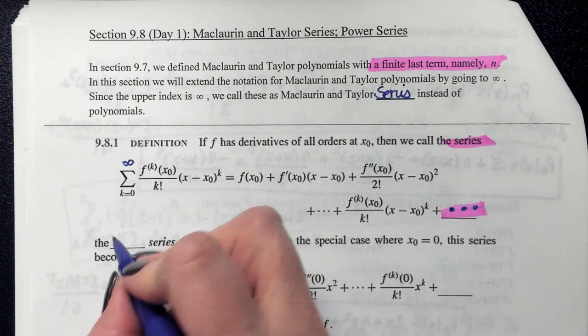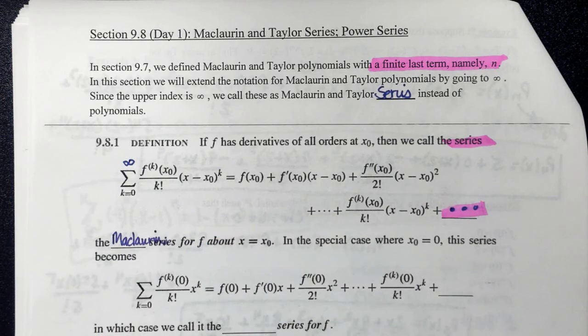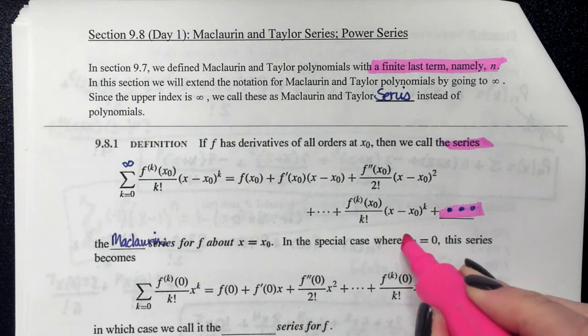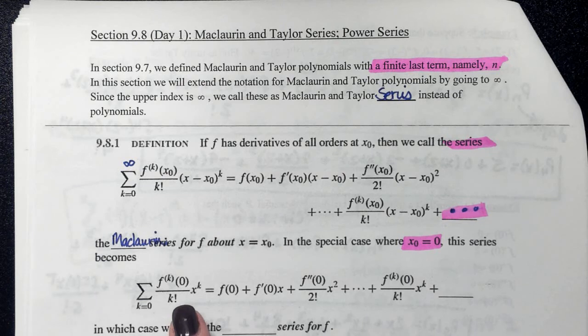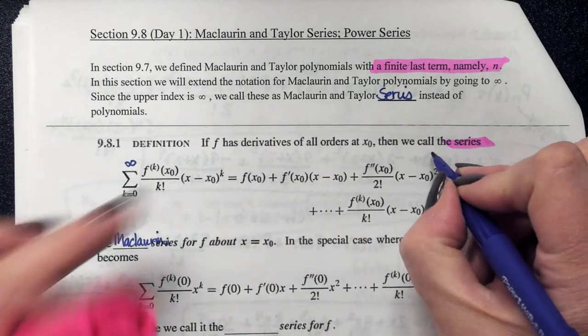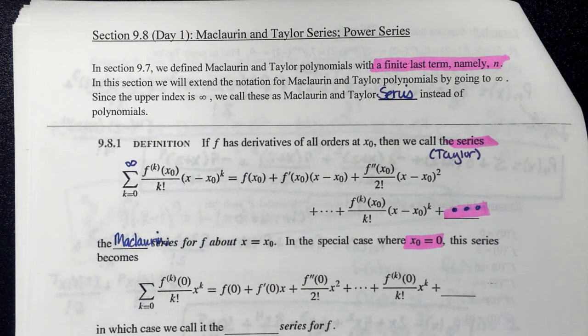So the Maclaurin series, remember, just like the Maclaurin polynomial, is where your center is at 0. Whether it's a Taylor series or a Maclaurin series, the Maclaurin series is a Taylor series that just has its center at 0.